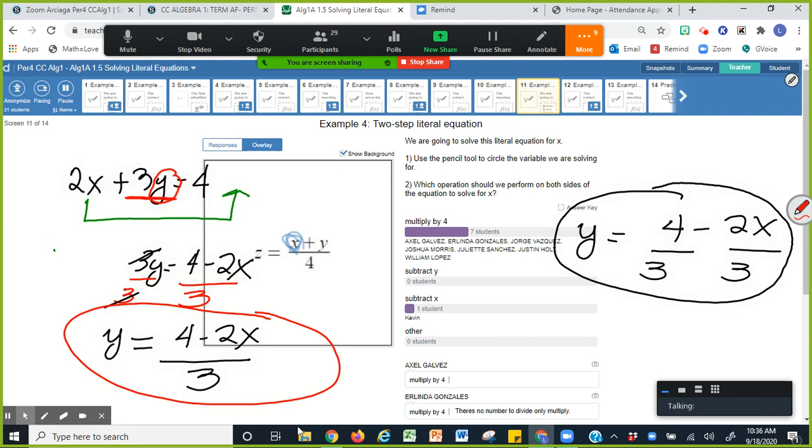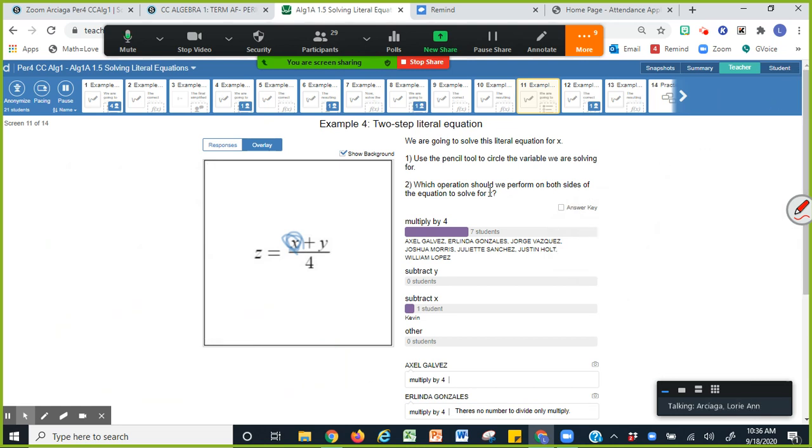All right. Okay. So I'm going to clear this ink. All right. So one last example. We have z is equal to x plus y over 4. Okay. So we want to get the value of x. There you go.